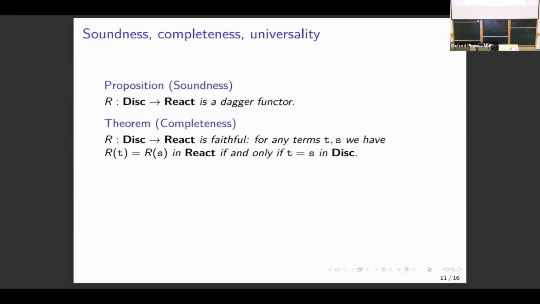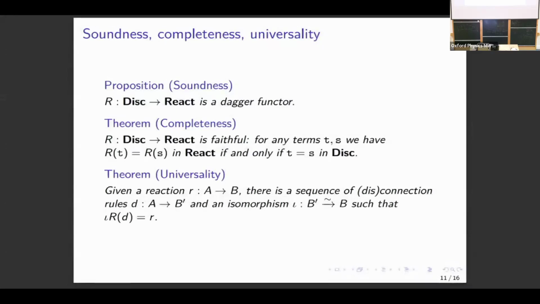It is complete in the sense that R is faithful. Just to spell it out very explicitly, for any terms as defined above, T and S are identified by this translation R if and only if they are in fact equal under these equations that we saw a couple of slides ago.